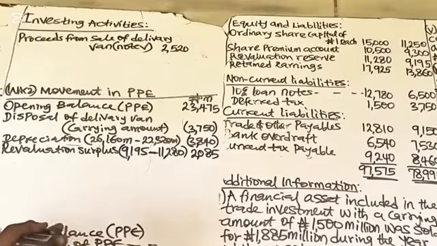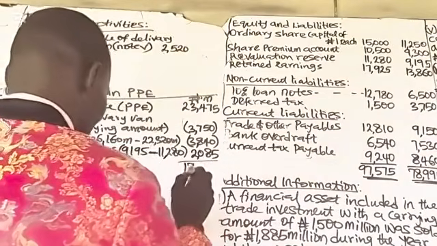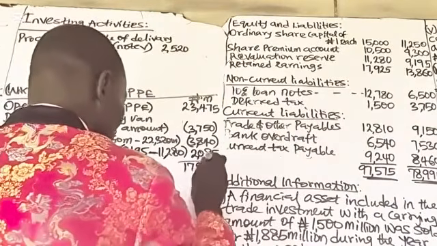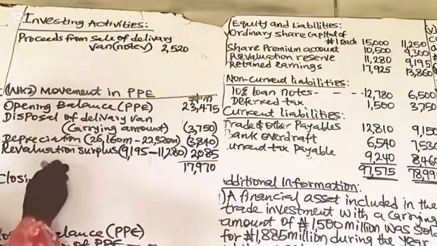Then you have 17,900,970. That is the total. Then the next item is the closing balance in respect of the PPE. Closing balance.